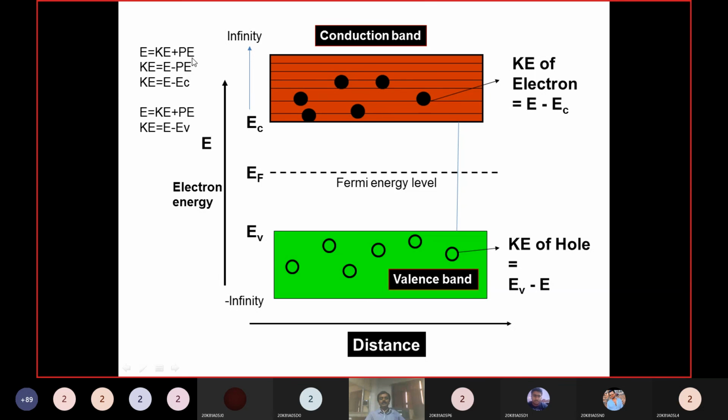Those electrons are in the conduction band, so EC is the potential energy. Suppose this electron has total energy E. Then the kinetic energy of the electron is E minus EC. Similarly here, EV is the potential energy, so the kinetic energy of the hole is EV minus E. So this is about the conduction and valency bands and their electrons.